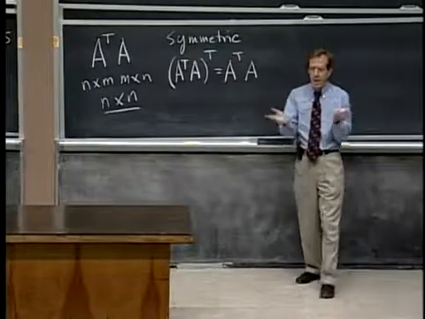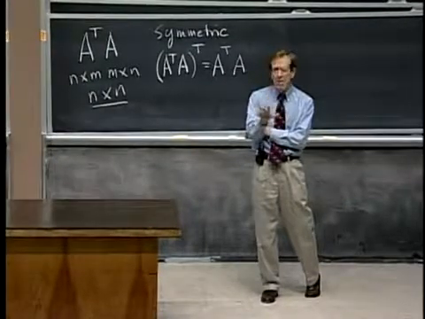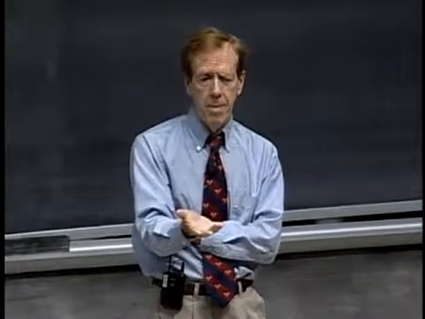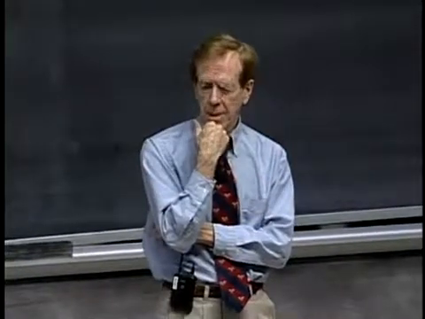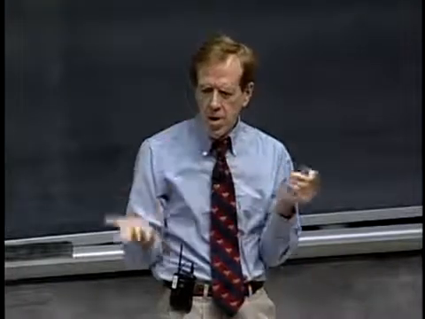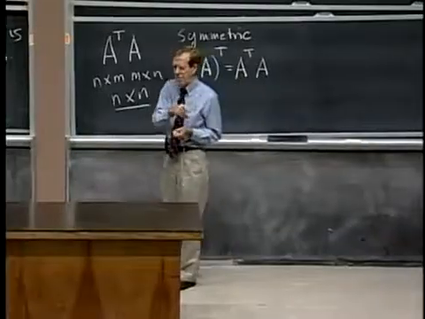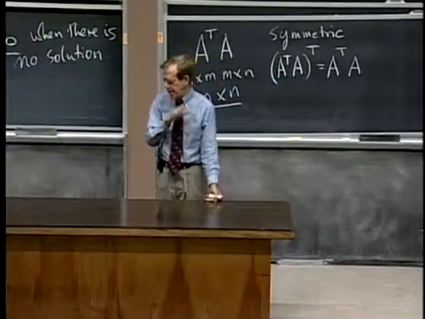Now, we know how to ask more about a matrix. I'm interested in, is it invertible? If not, what's its null space? Well, I shouldn't do this, but I will.